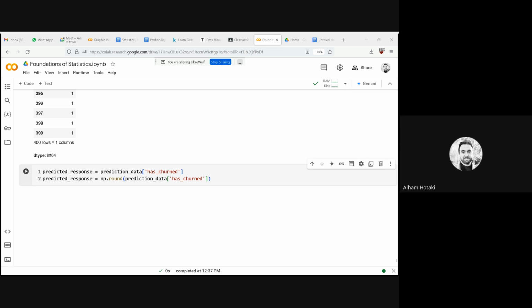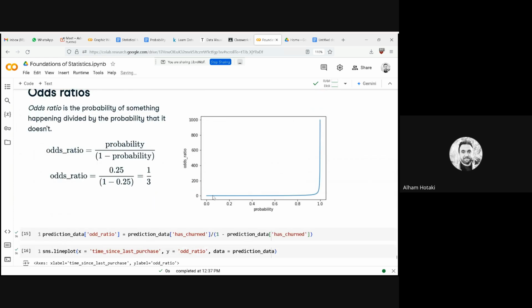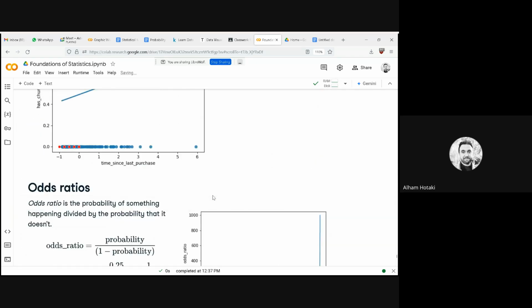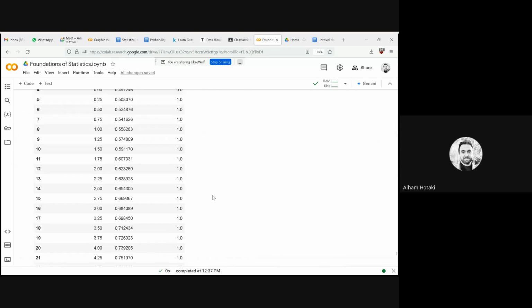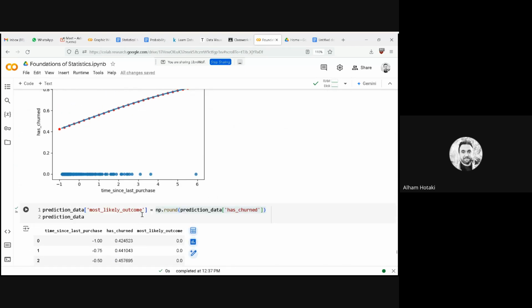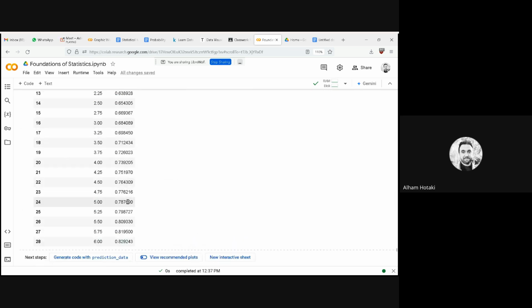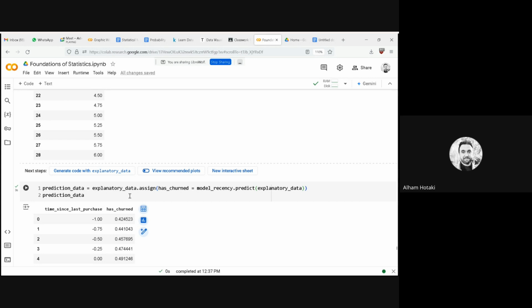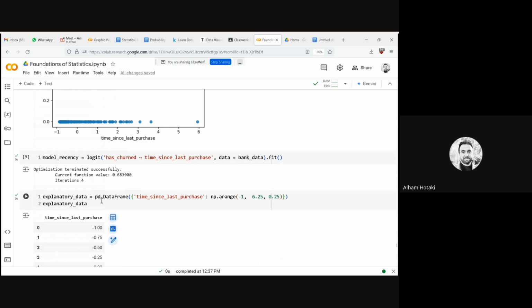What is the prediction data here? Okay, explanatory data set. Okay, no, that's not the prediction data. This is a model recency, has changed since last purchase, data bank data.